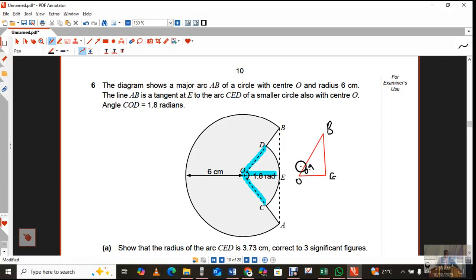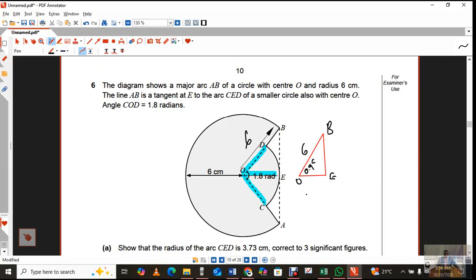But what is this distance? Well, the distance from here to there is 6. So for me to find OE, I can definitely see that I have to use the cosine.